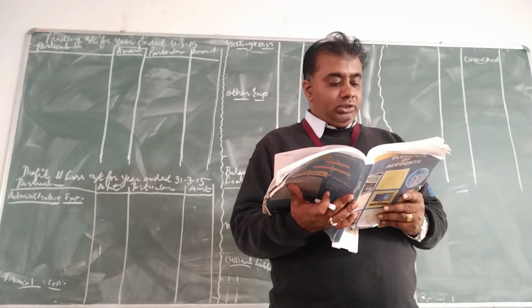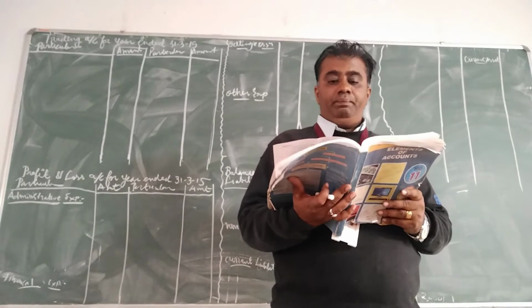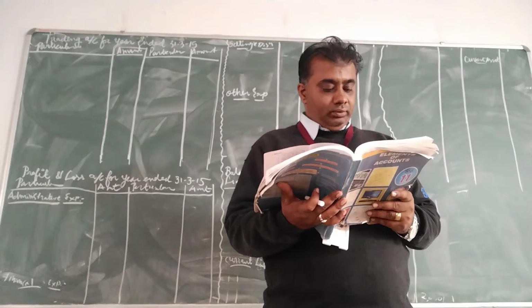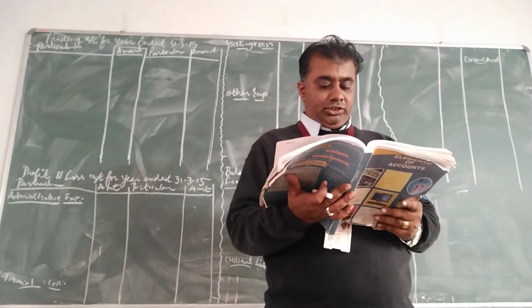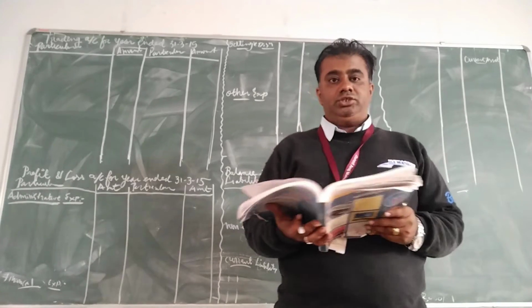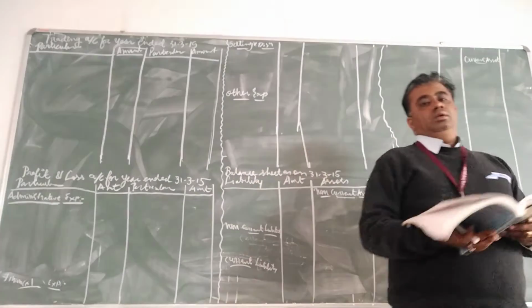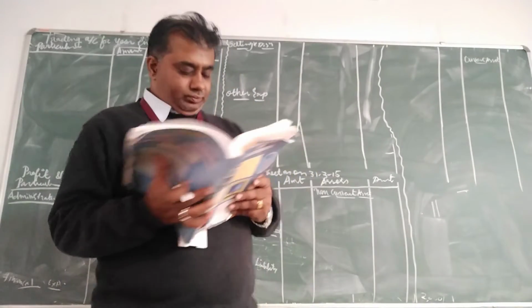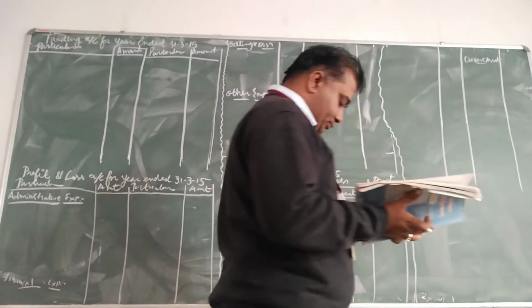So tick mark on the insurance premium. Then 50% commission is received. Make tick mark on the commission received. It is 6,000 in the trial balance. Okay. Now we are going to solve the sum. So let's get started.